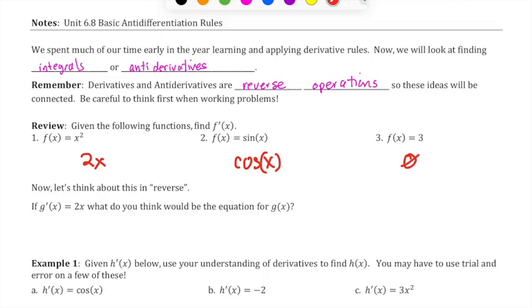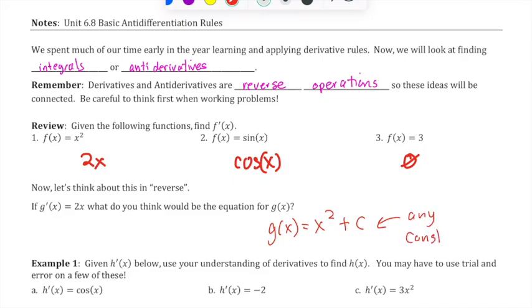So when we think in reverse, we have to think, what is the original function if I know my derivative is 2x? If you play around, you're going to get that the original function is going to be x squared plus c, and that c means really any constant.